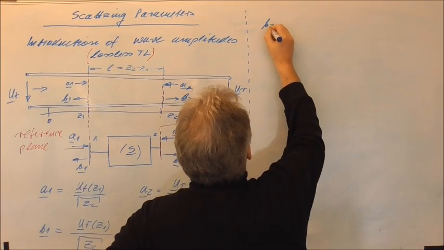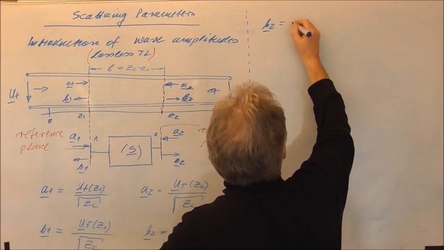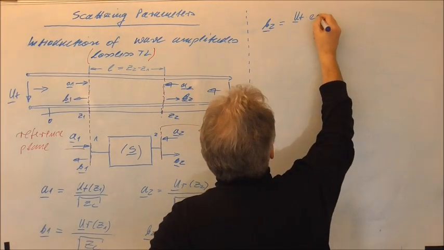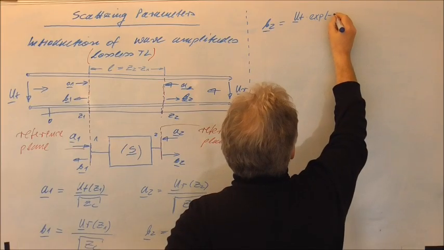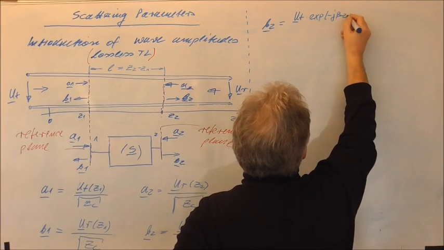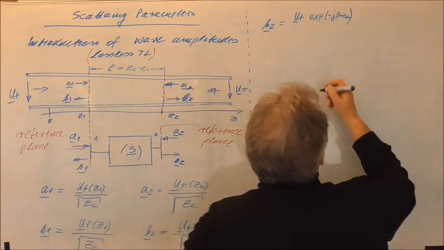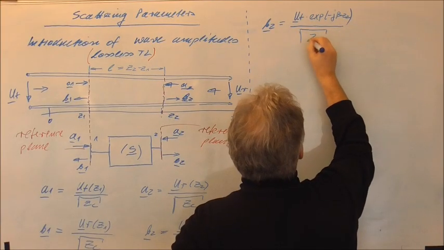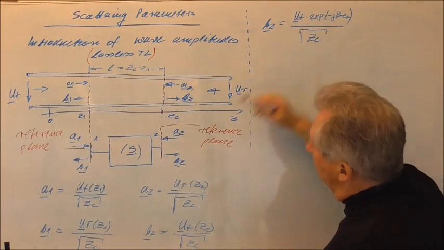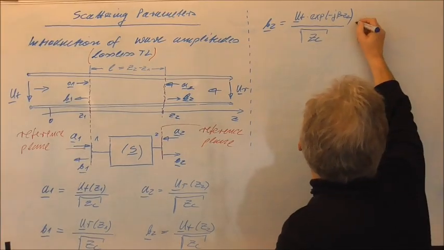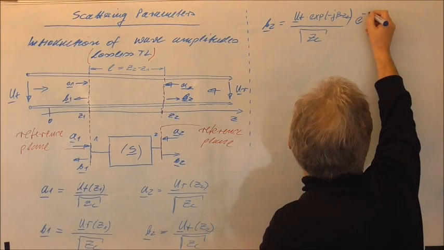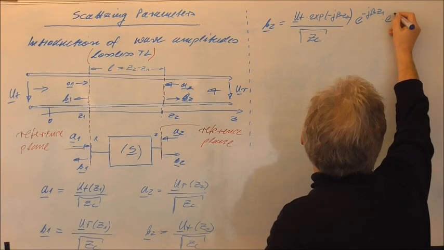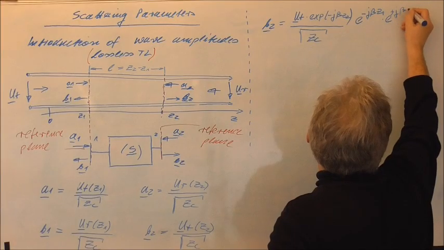So we can write that the wave amplitude B2 is nothing else but the forward traveling wave at Z2, and we know that this is described by the exponential function minus j beta Z2, and we must of course divide this by the square root of Zc, but we can introduce now the exponential function minus j beta Z1 times plus j beta Z1.